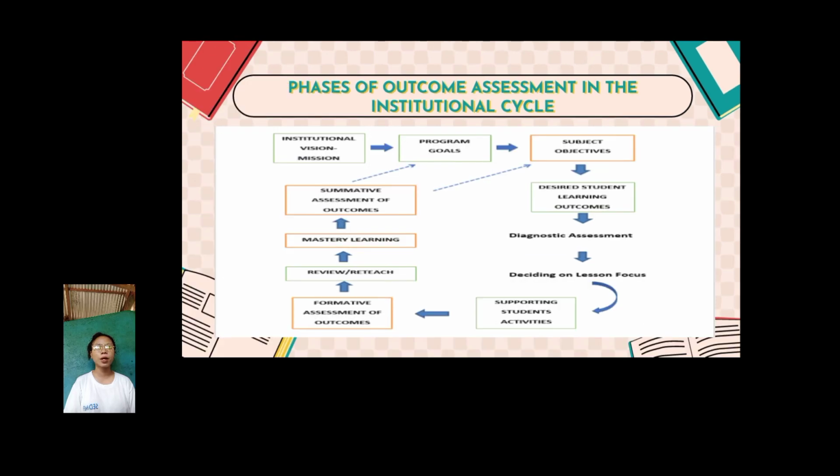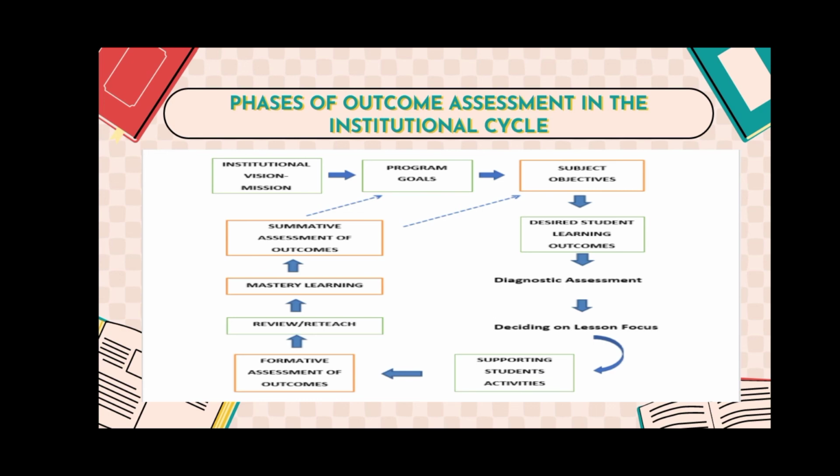Mastery learning is a method of instruction where the focus is on the role of feedback in learning. Furthermore, mastery learning refers to a category of instruction methods which establishes a level of performance that all students must master before moving on to the next unit. And now let us move on to the last phase, which is summative assessment of outcome.